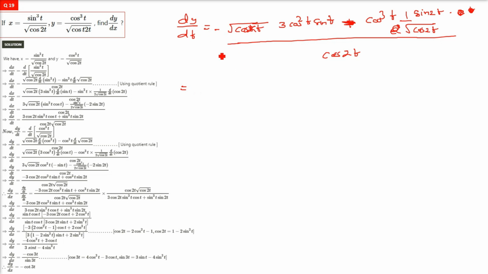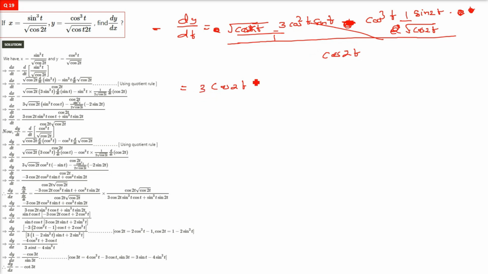Now we will forget about cos 2t in the denominator. We are going to solve the numerator, and we will write this in the same way we wrote dx by dt, if you have followed the whole question. I am doing the numerator now. Under root gets cancelled, so it will be cos 2t only.